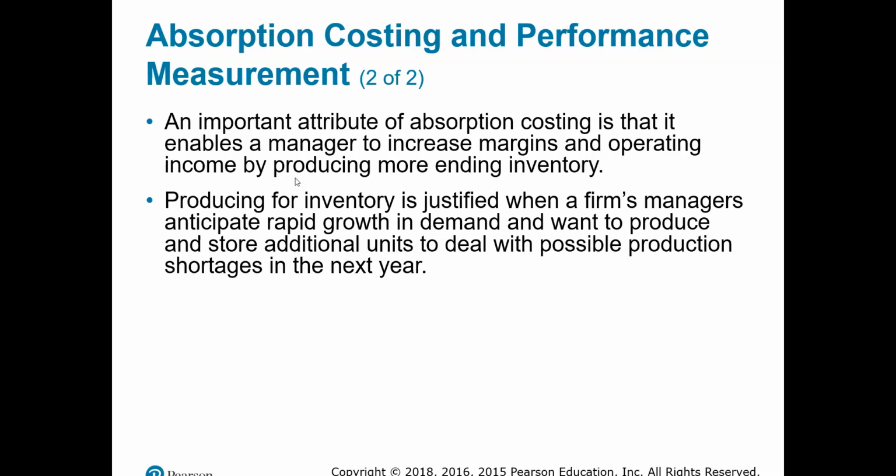We have a lot of extra costs tied to the storage of those additional units. So if we're going to sell it, we could go ahead and incur those costs because we know we're going to sell the units. But if we're not, that stuff is just going to sit there and sit there. And there's a lot of reasons why we don't want to have a lot of inventory if we're not going to sell those units anytime soon. And we'll look at that in a different chapter.